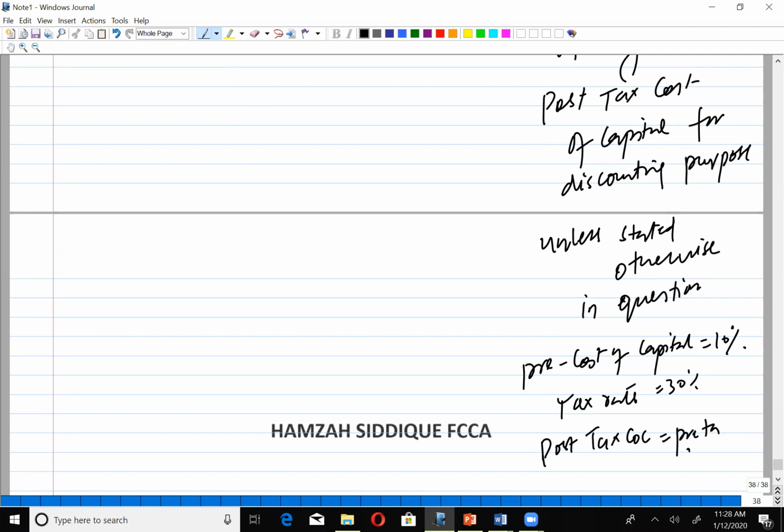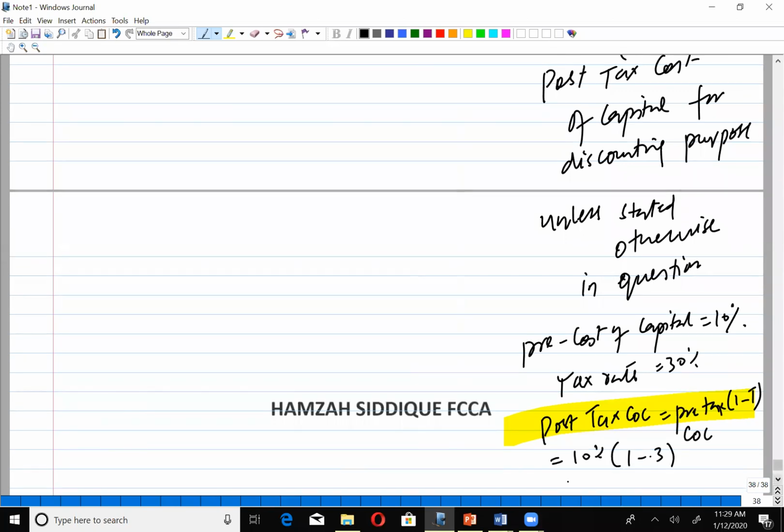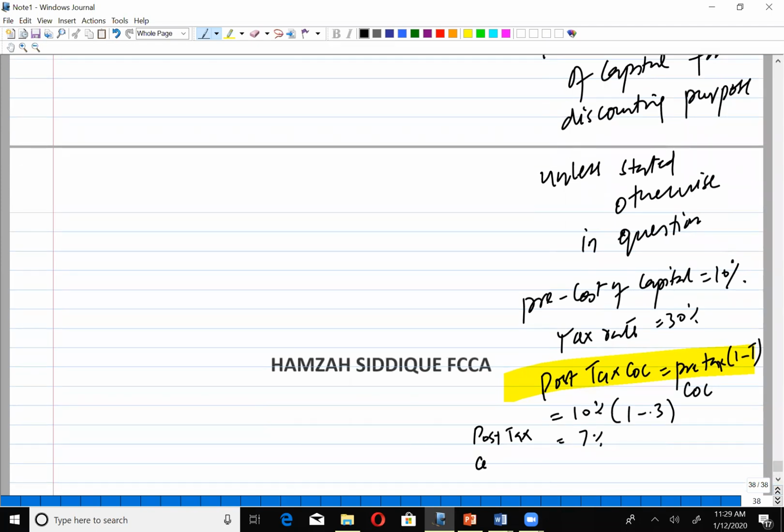Pre-tax cost of capital into 1 minus T. This is the formula. 1 minus tax rate. So pre-tax 10%, 1 minus 0.3. So 7% post-tax cost of capital. This is the answer.